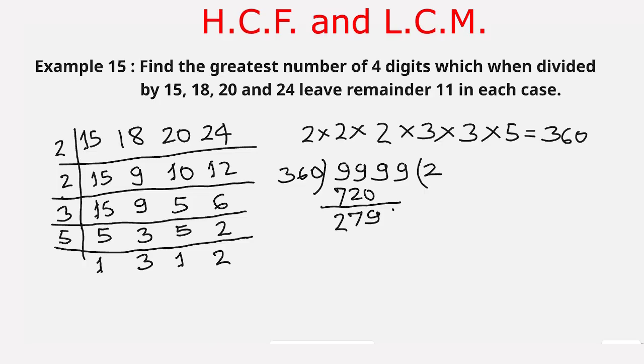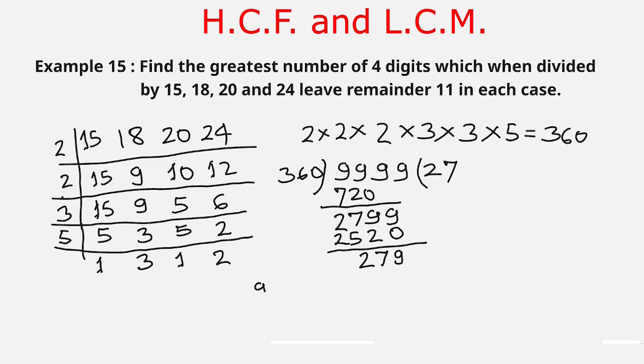We carry 9. 360 divides 2799 for 7 times. 7 multiplied by 0 is 0. 7 times 6 is 42. We write 2 and carry 4. 7 times 3 is 21, plus 4 is 25. On subtracting, we get 9. 9 minus 2 is 7. 7 minus 5 is 2. 279. This is our final remainder.